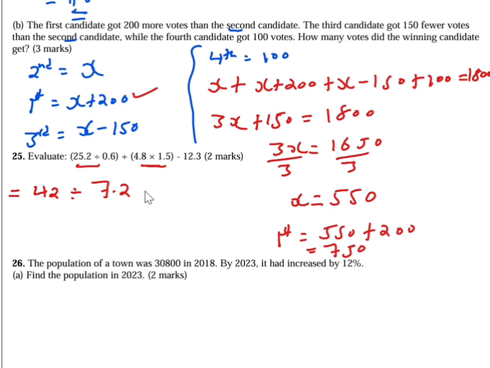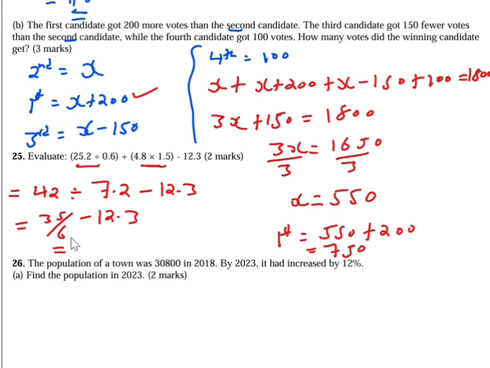In here you have minus 12.3. So remember, we start with the division first. We divide these two. 42 divided by 7.2. We'll see it is 5 over 6. So this is 5 over 6 minus 12.3. Then you subtract these two. The answer will be, that 5 over 6, what was it? 5 divided by 6 was 5 over 6, minus 12.3.